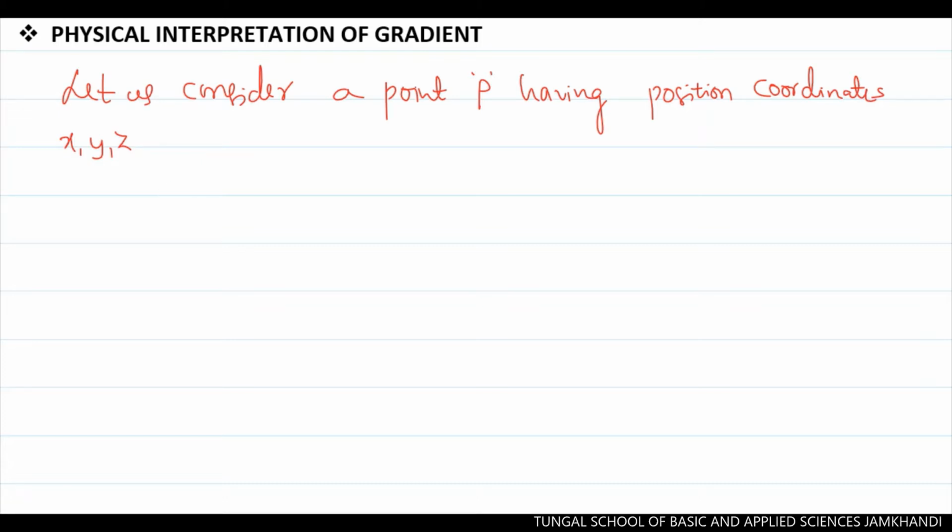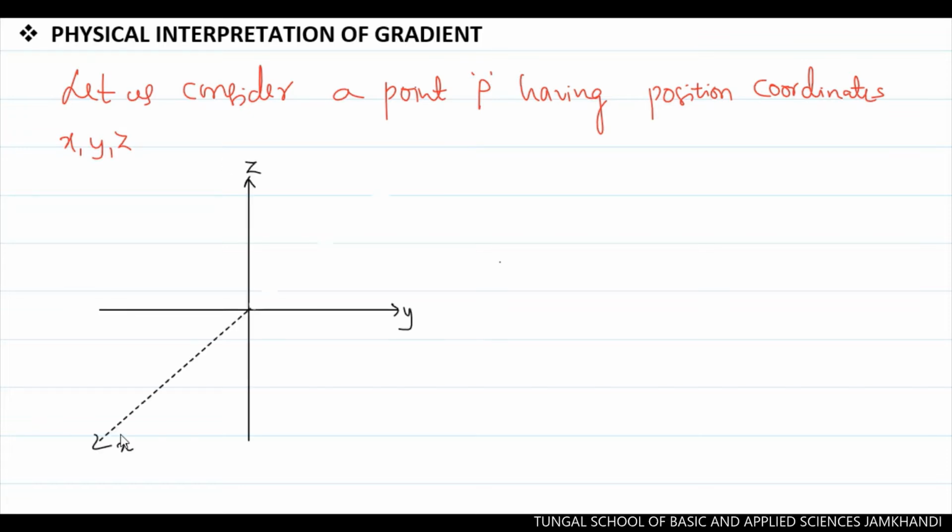So this is the graph where the Cartesian coordinate system x, y, z can be defined. As I told, let us consider a point P having position coordinates x, y, z in this particular Cartesian system.